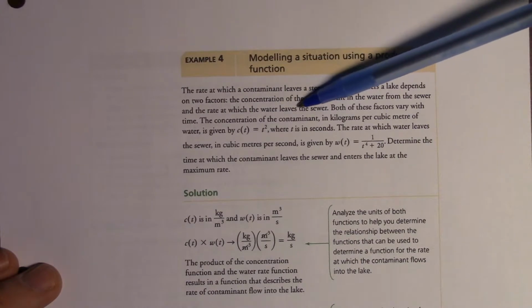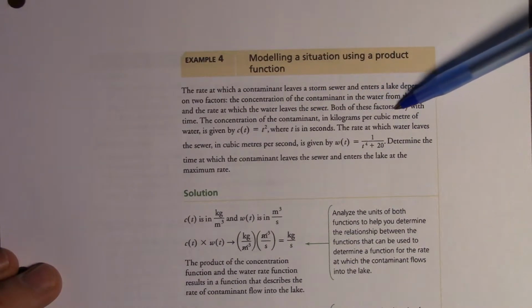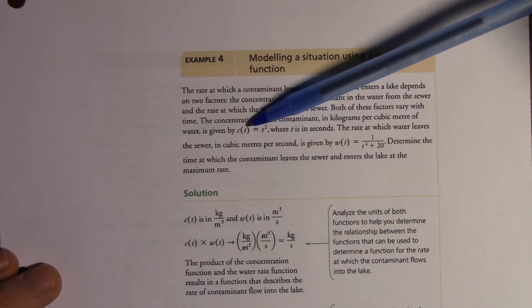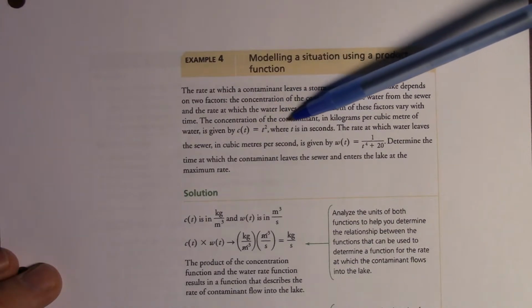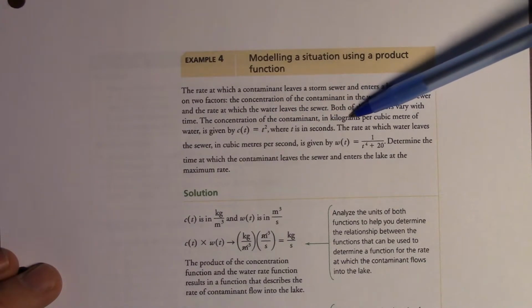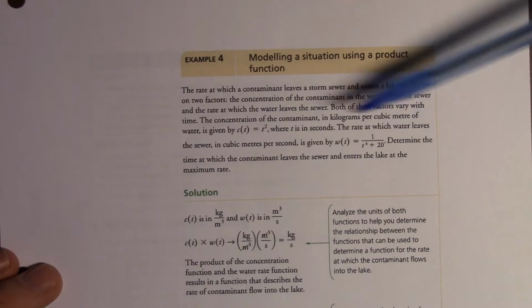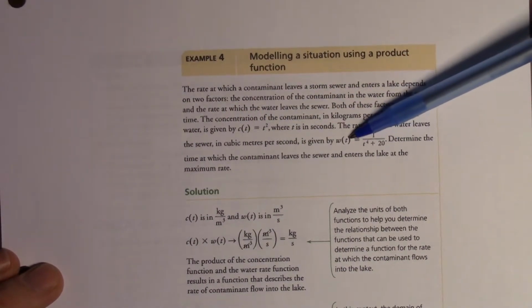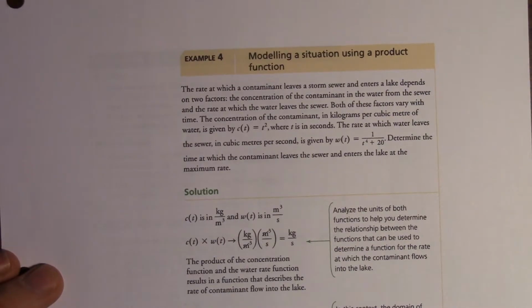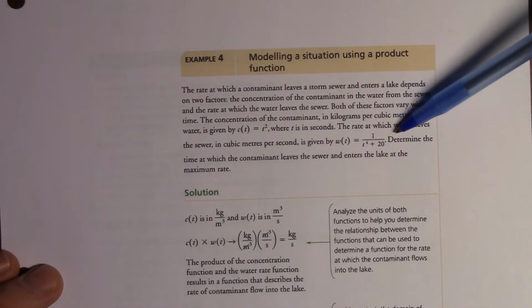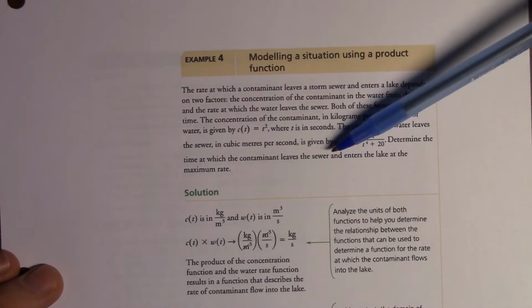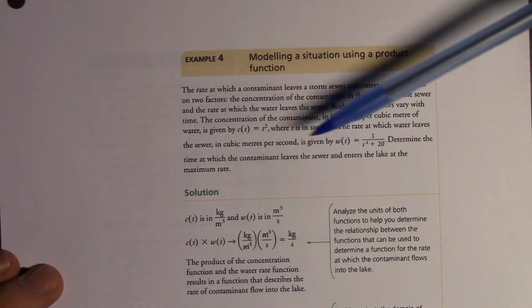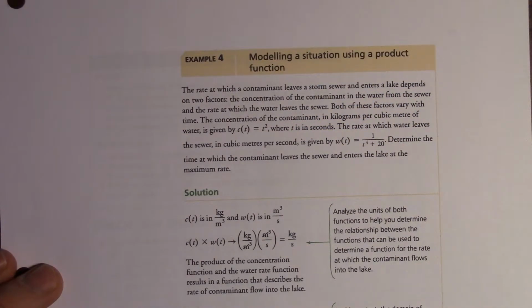The concentration of the contaminant in kilograms per cubic meter of water is given by C(t) = t², where t is time in seconds. The rate at which water leaves the sewer in cubic meters per second is given by W(t) = 1/(t⁴ + 20). Determine the time at which the contaminant leaves the sewer and enters the lake at the maximum rate.